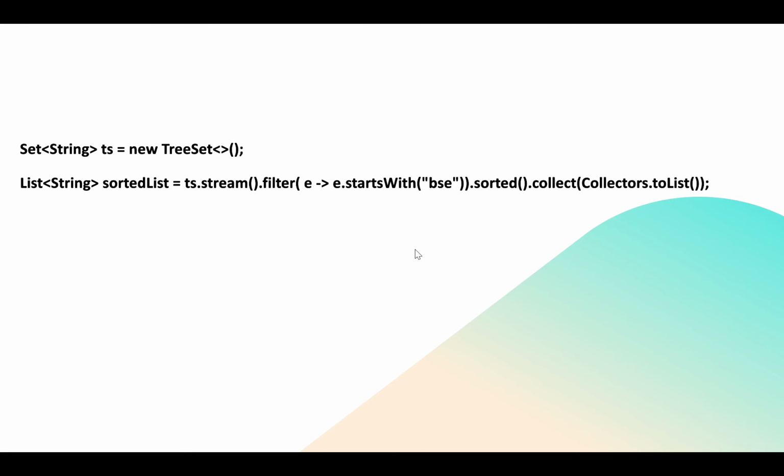So let's come to the example now. We have treeset.stream.filter(e starts with BSE, that is, Bachelor of Software Engineering).sorted.collect. The treeset has all flags checked, so till here we'll have all the flags checked, and we have a sorted operation here. But we know that the treeset is already sorted, and the Spliterator keeps the sorted flag.